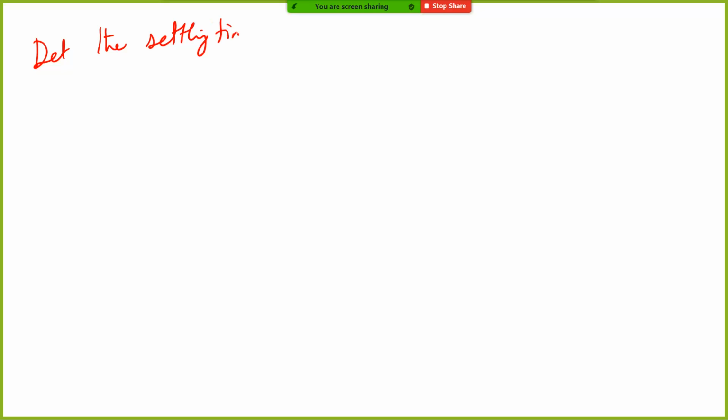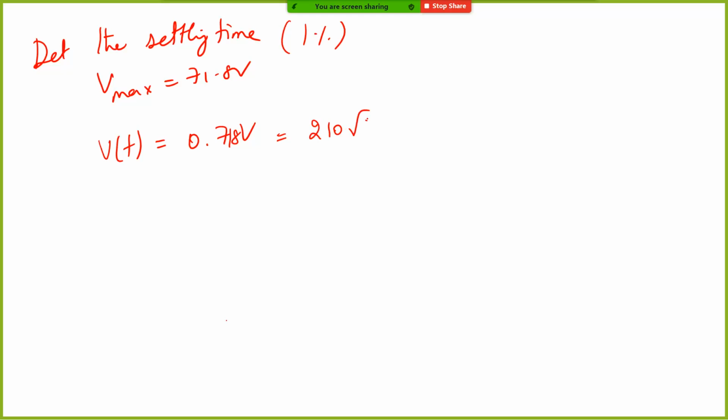So V max is 71.8 volt. So settling time for 1%. What is 1% of it? V of t should become 0.718 is equal to your 202 root 2 e to the power of minus 2t sine root 2 t.